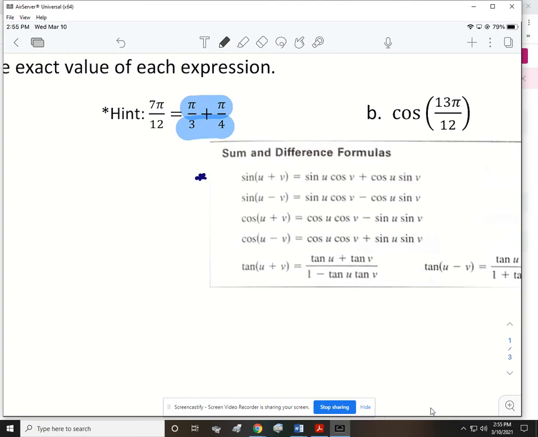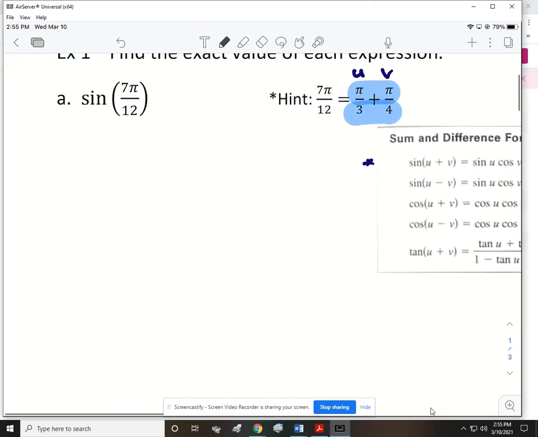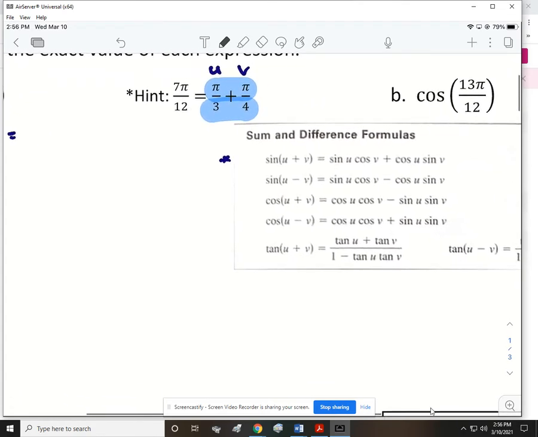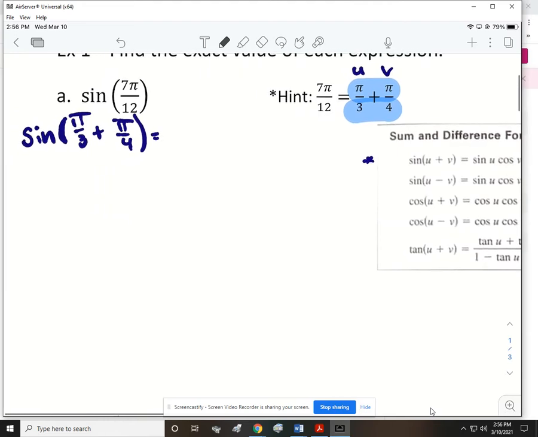And u is going to be pi over 3. And v is going to be pi over 4. All right. So I would start off over here and rewrite it as the sine of pi over 3 plus pi over 4. All right. Then I would use my formula. So starting off in the formula is the sine of u times the cosine of v.